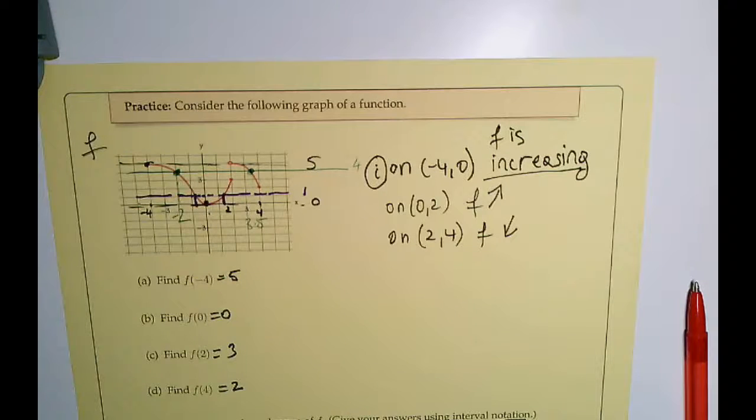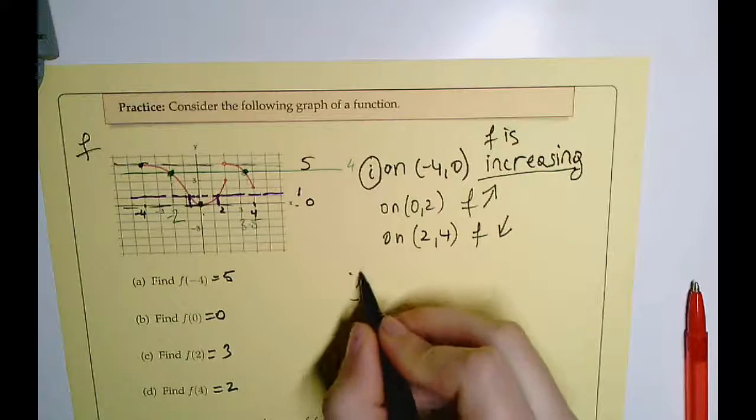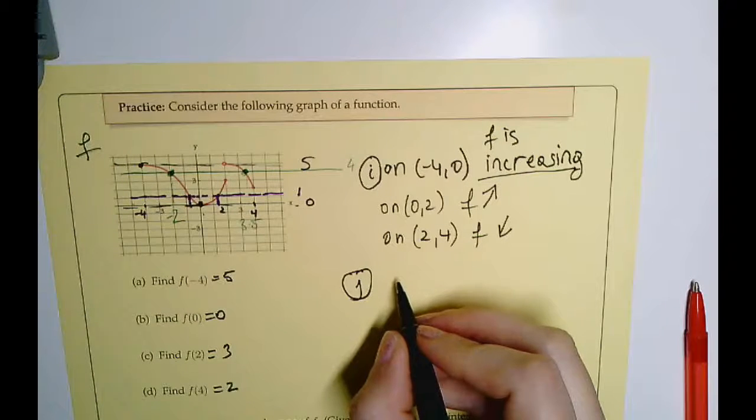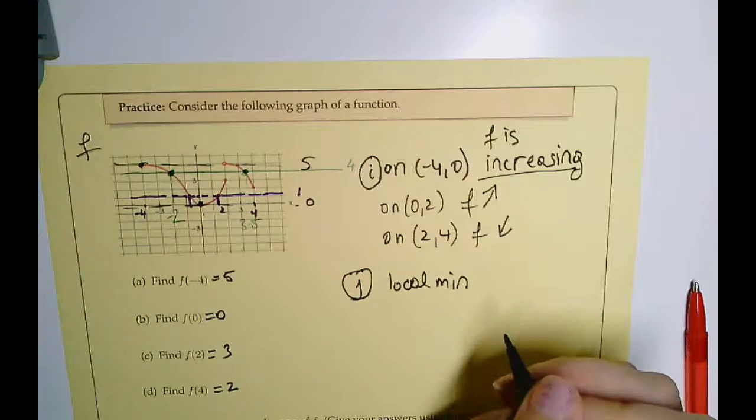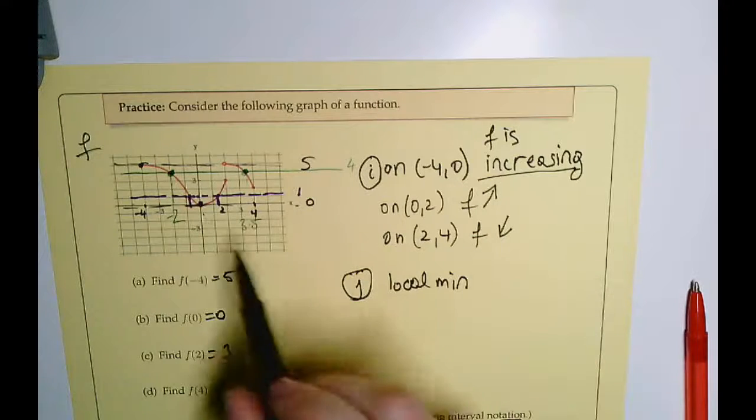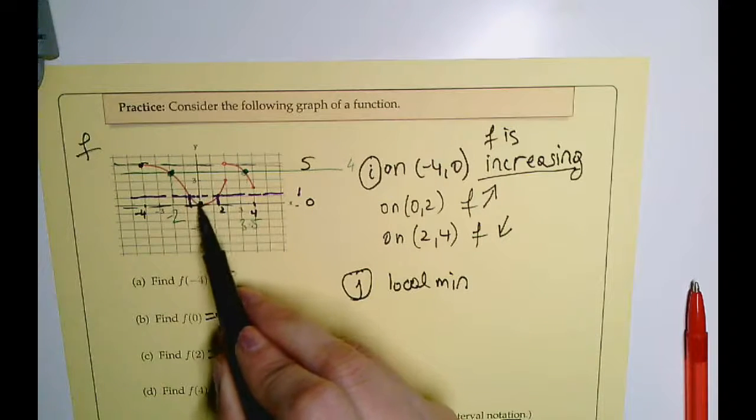Alright, so if you have the graph of a function, even if you don't have the equations that govern that relationship, you can still get a lot of information from the graph. You can tell what the domain is, you can tell what the range is, you can read off function values, you can see where the function is increasing, decreasing, local min and local max. So let's do J. Let's find the local min. The local minimum in here, there's only one. It happens right here.